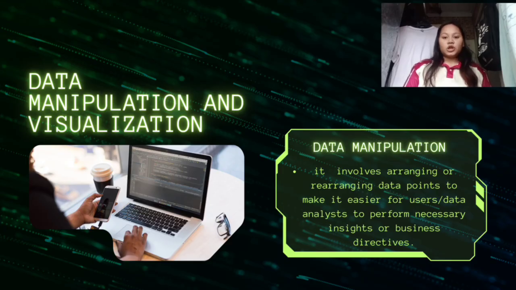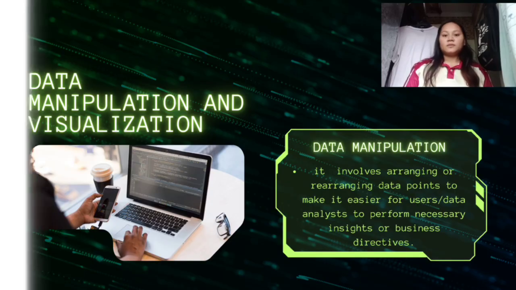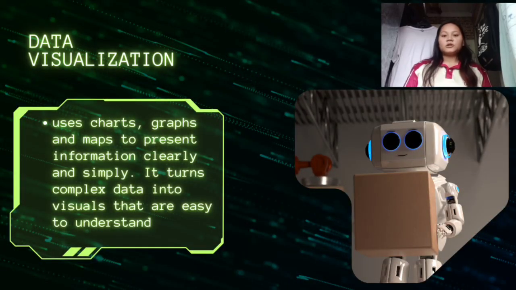Data manipulation involves arranging or rearranging data points to make it easier for users or data analysts to perform necessary insight or business directives, while data visualization uses charts, graphs, and maps to present information clearly and simply.